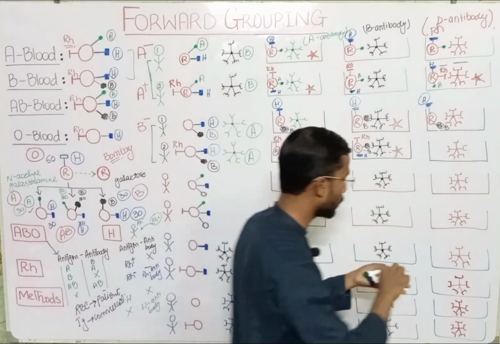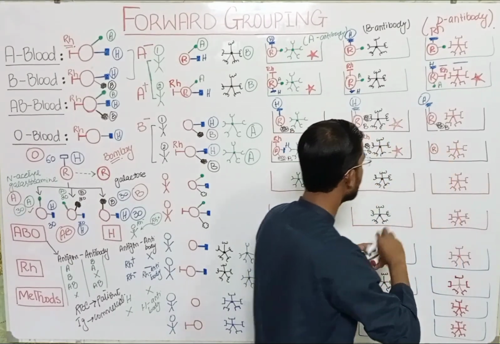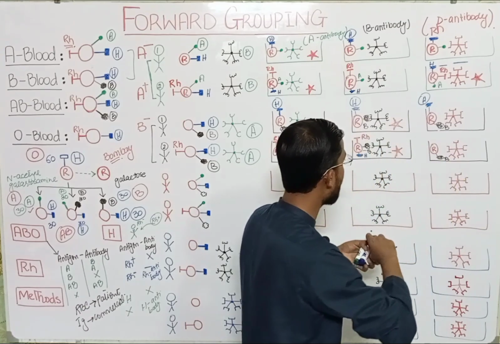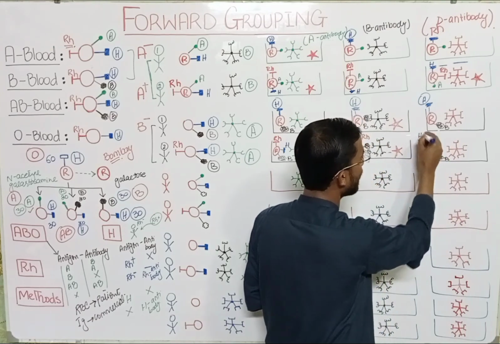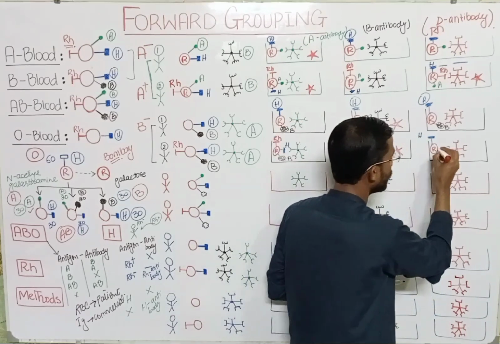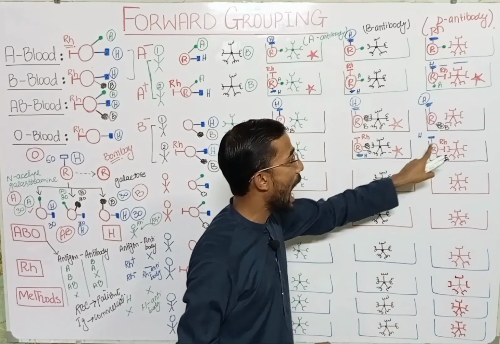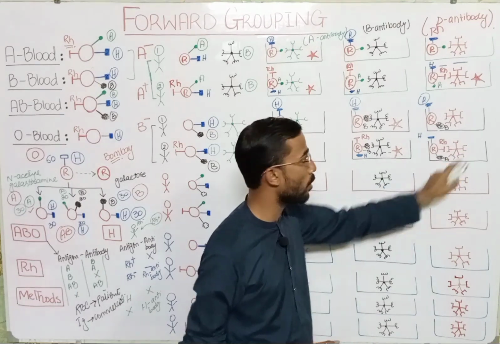And last case, the RBCs, and in that situation you will see the B antigen, the H antigen, and last you see the RH antigen. Now RH antigen is just opposite to the RH antibodies.